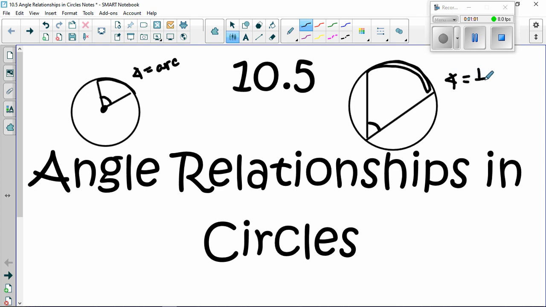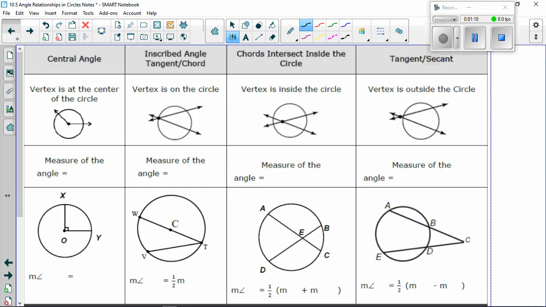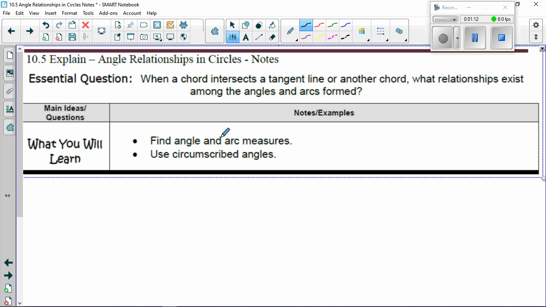The angle is half the arc. We have two more scenarios. All right, so we're going to look at when a chord intersects a tangent or another chord and what relationship exists between the angles that are formed.